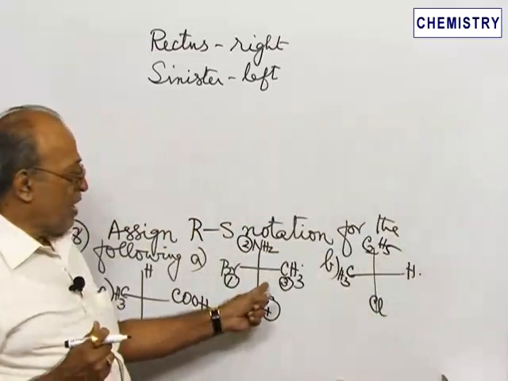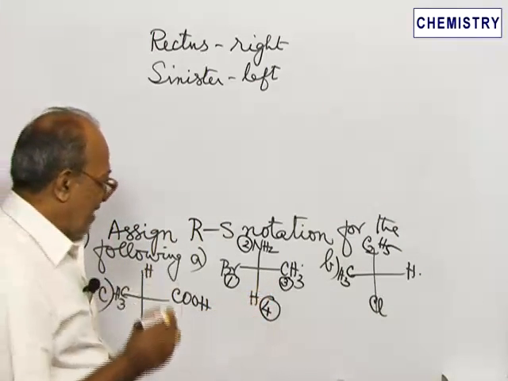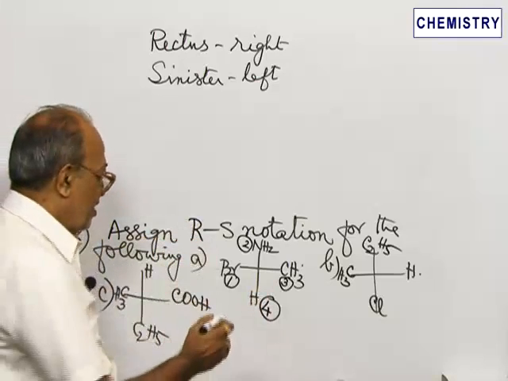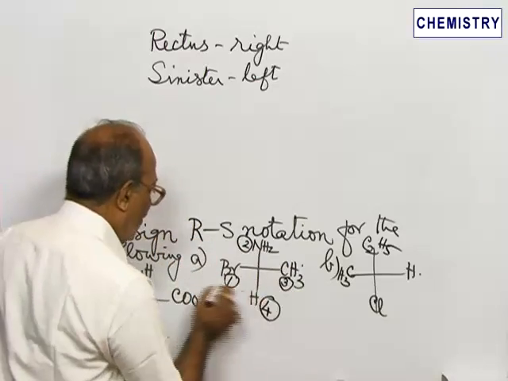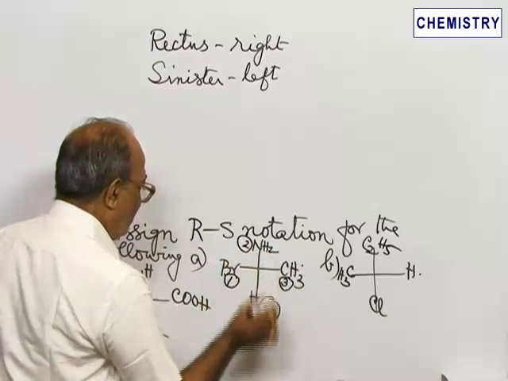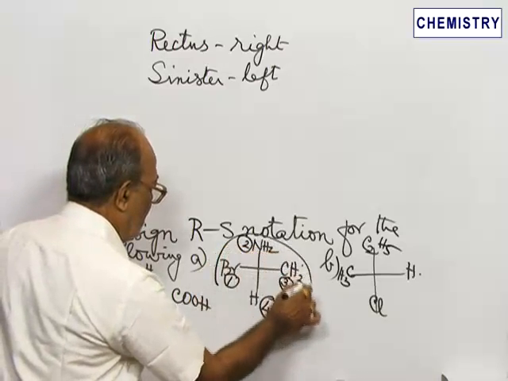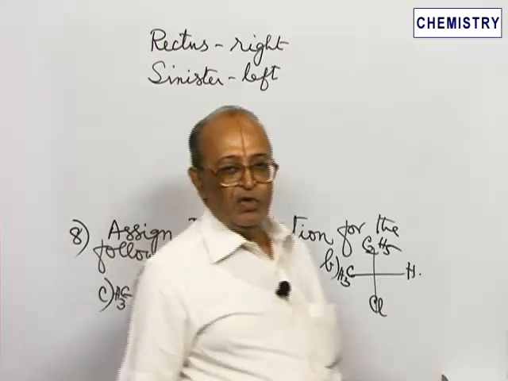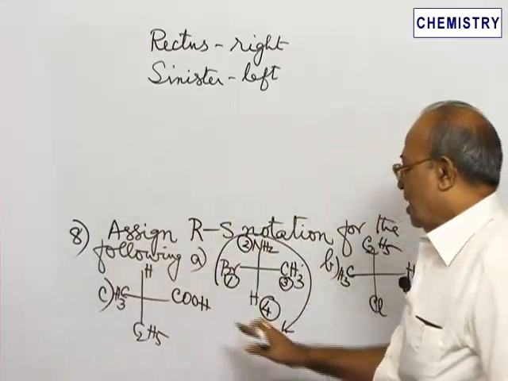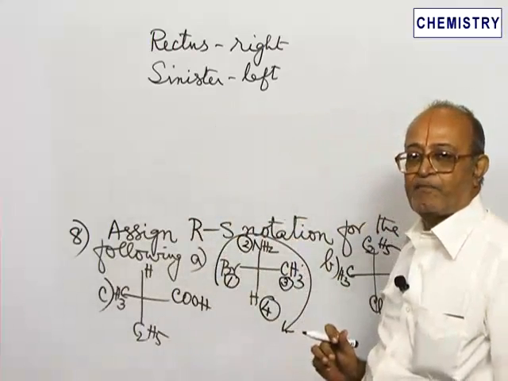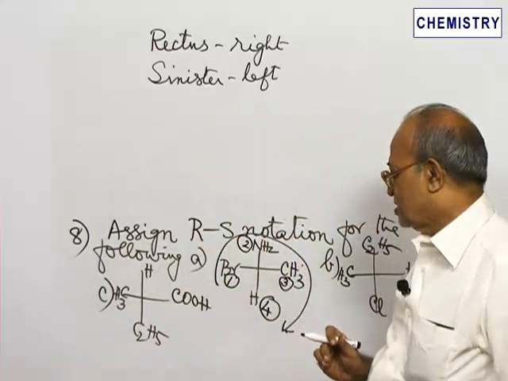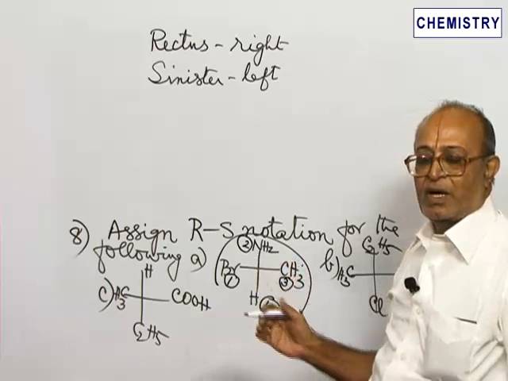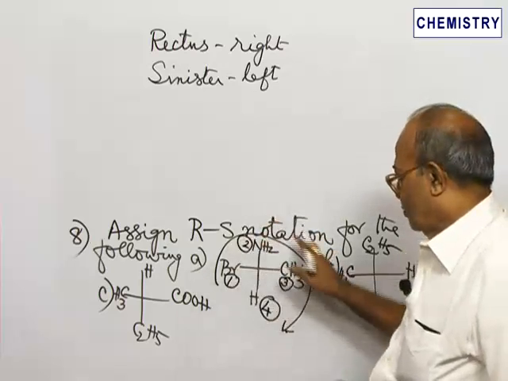You look at this molecule and you rotate your eye from 1 to 4. 1, 2, 3, 4. So your eye will view this from 1 to 4, and this arrow indicates the priority sequence is in the clockwise direction. Right side arrow I have put.